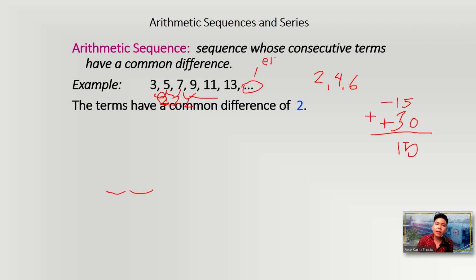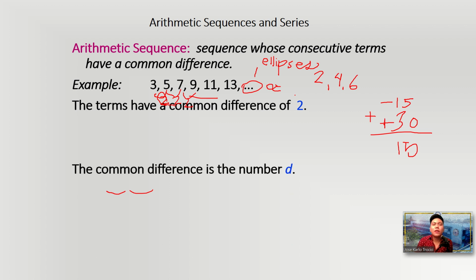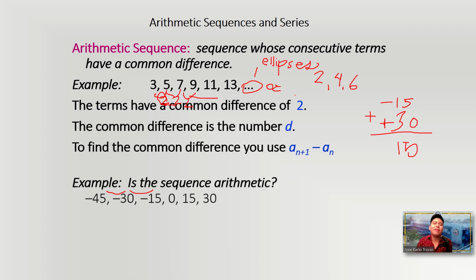If you have this ellipsis here, just like when you type in something, it signifies continuous. That means it goes to infinity. So we do not know when it will end. Just like in our relationship.